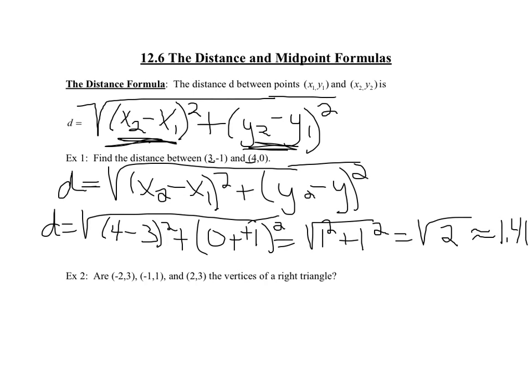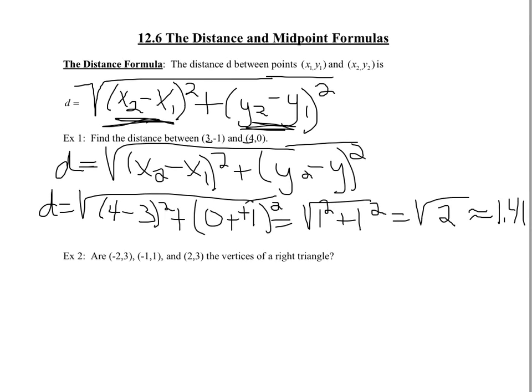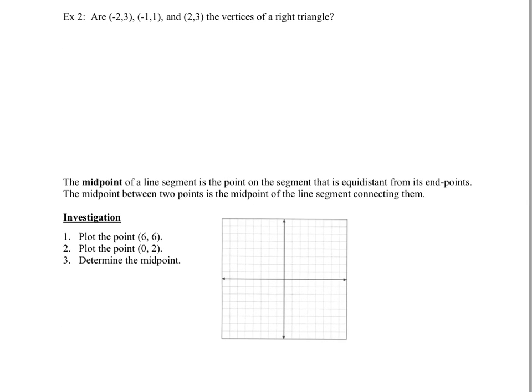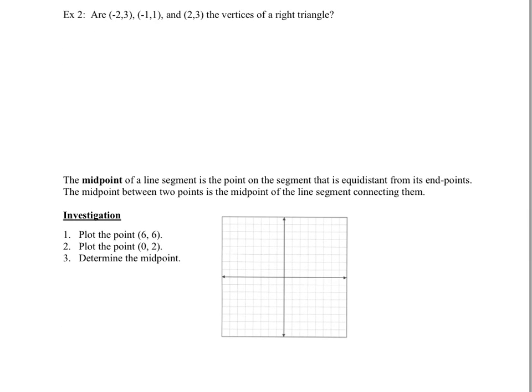All right, let's look at how we can apply this formula. If you look here, it says (-2, 3), (-1, 1), and (2, 3) are vertices of a right triangle. Well, if we want to find out if something's a right triangle, we use the Pythagorean theorem and check the lengths of our sides.